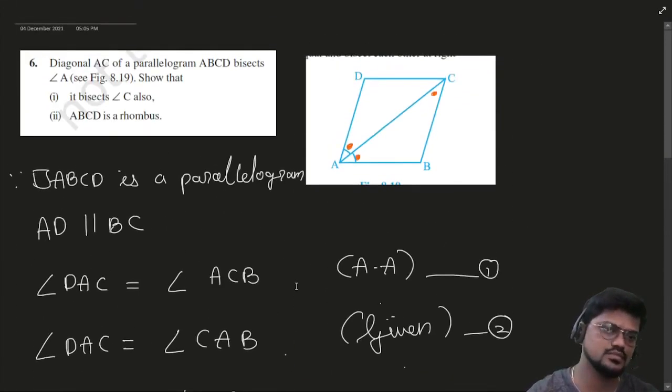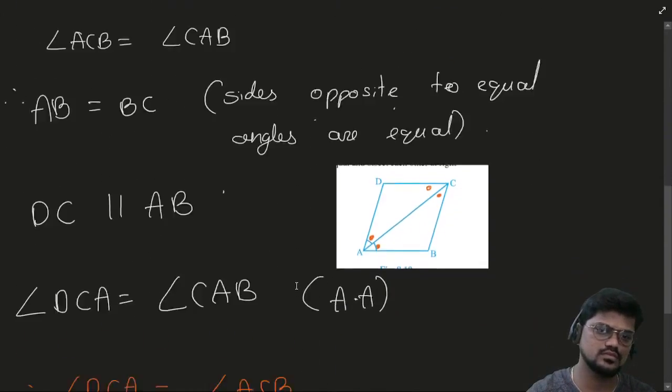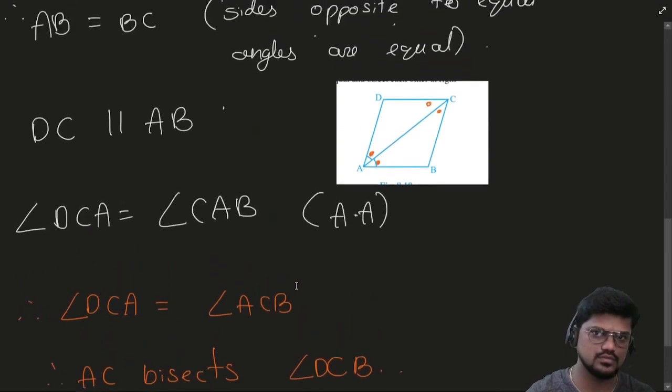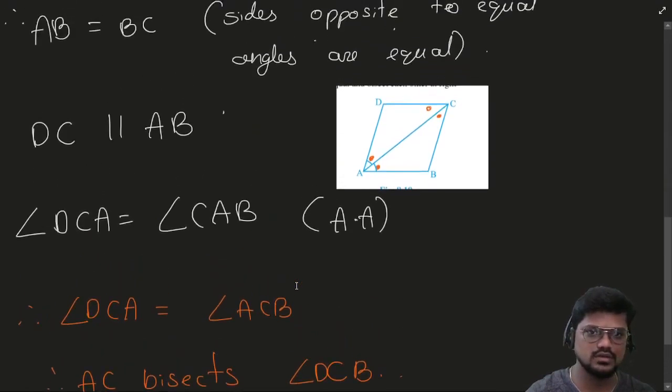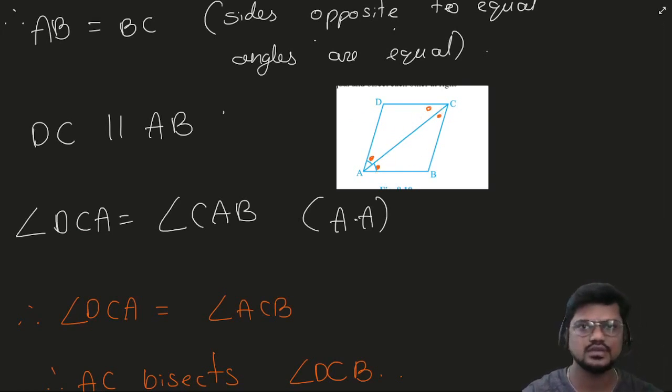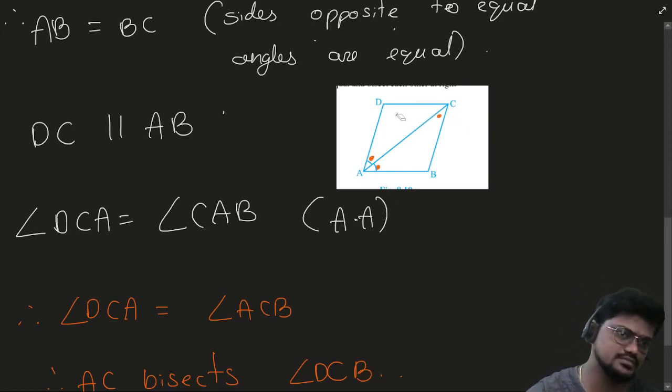Sir, in that last step, DCA equal to CAB, sorry, ACB, how is that? See, I have marked them, no? All these angles are equal. Before this, all these three angles were equal.